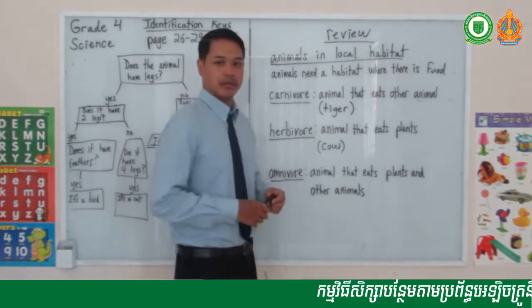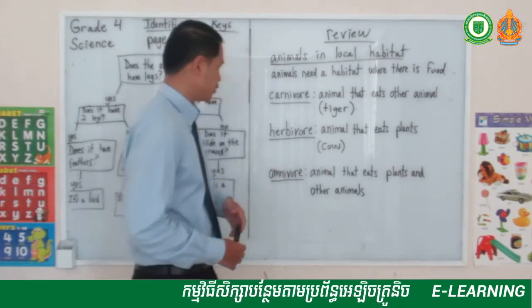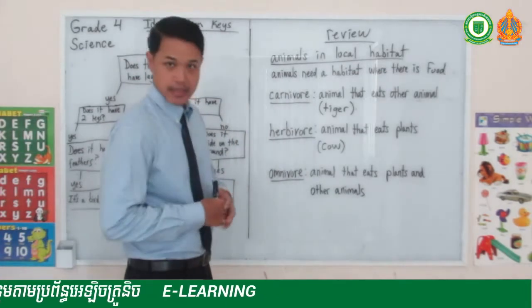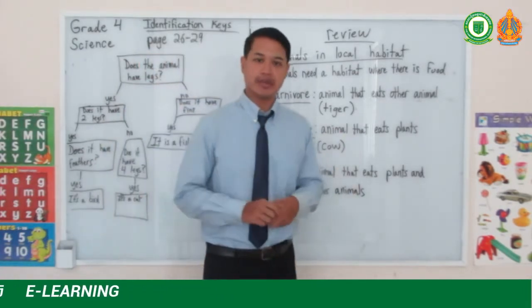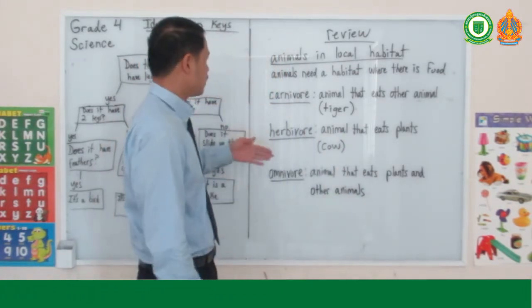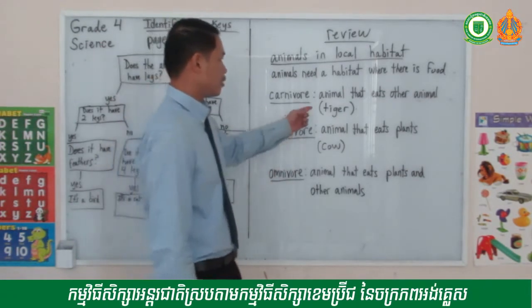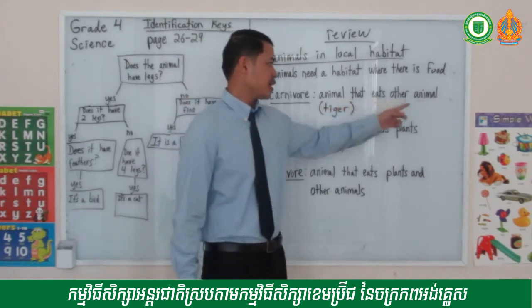There are different types of animals, according to what they eat. Some animals are carnivores. A carnivore is an animal that eats other animals.